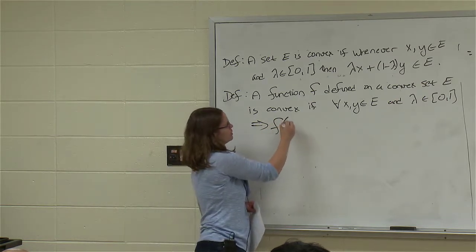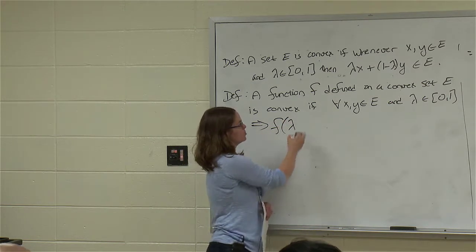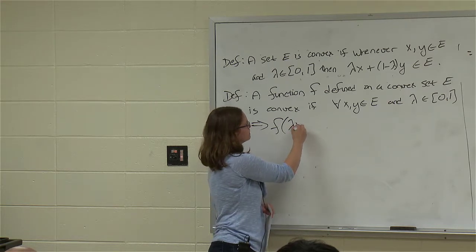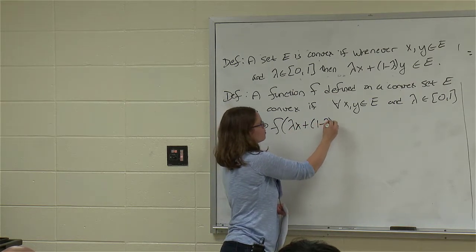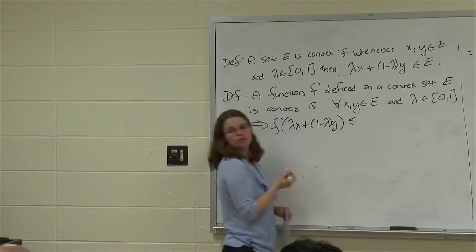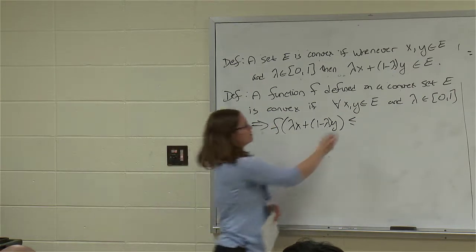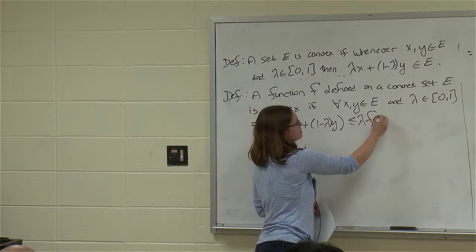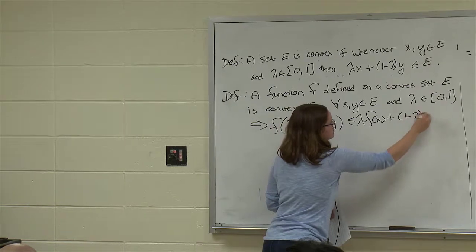So f at points in between x and y is sitting below the secant line connecting x and y: lambda f of x plus 1 minus lambda f of y.